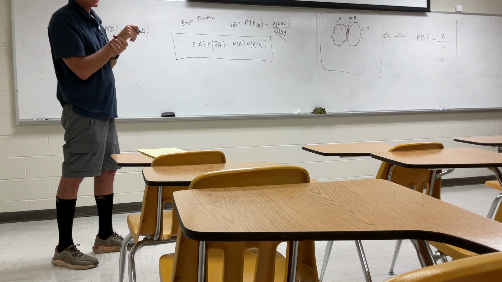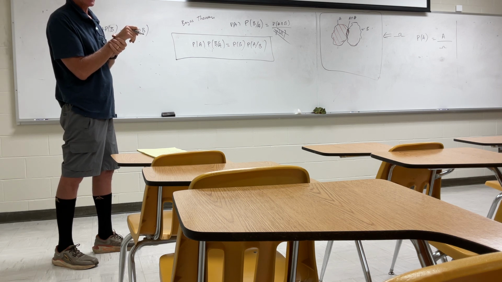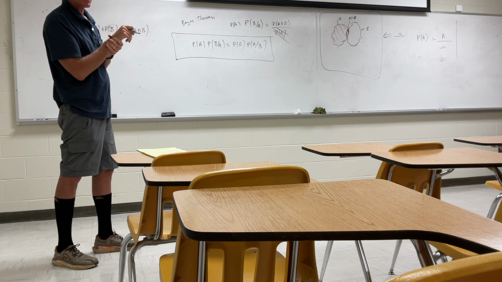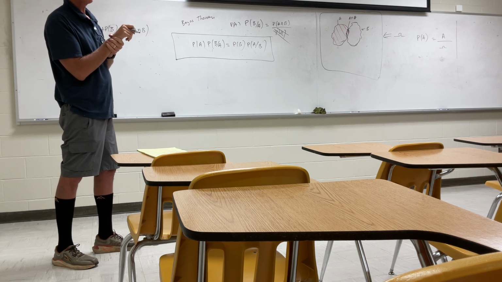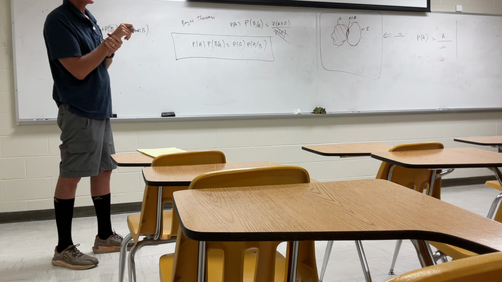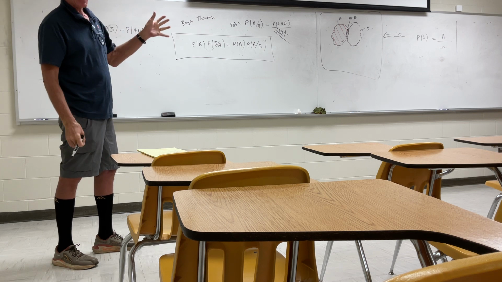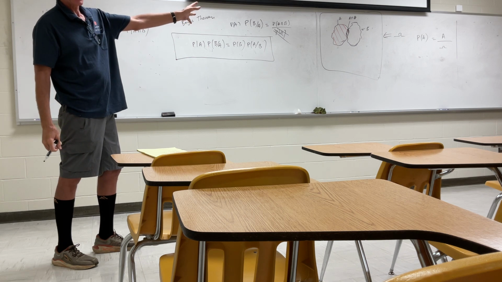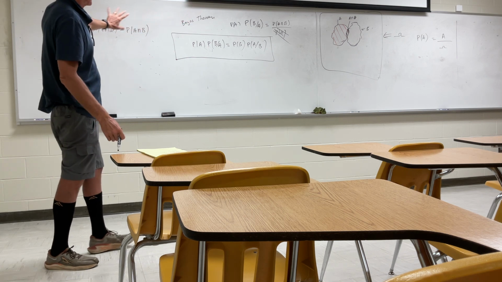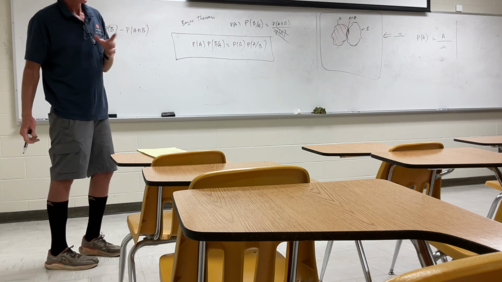Y'all with me on this? It should make sense in terms of the areas. Everybody with me on that? These are useful. How many of you read De Morgan's law on this one? Anybody? All right, now the way I'm showing you, I think, gives you a better handle on that.